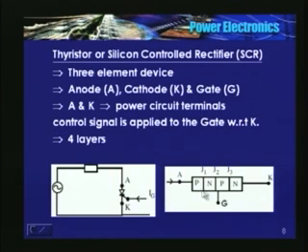There are 4 layers, PNPN, and therefore there are 3 junctions, J1, J2, J3. First P is the anode, the last N is the cathode, and the gate is connected to this P. This is the gate terminal.